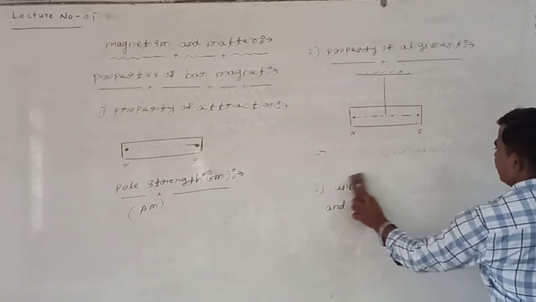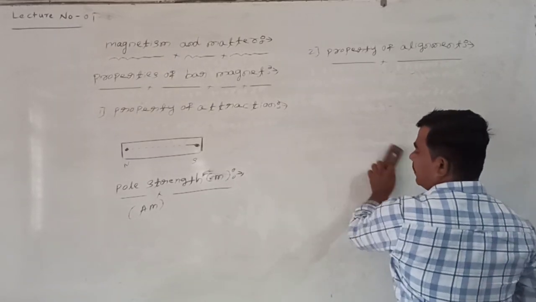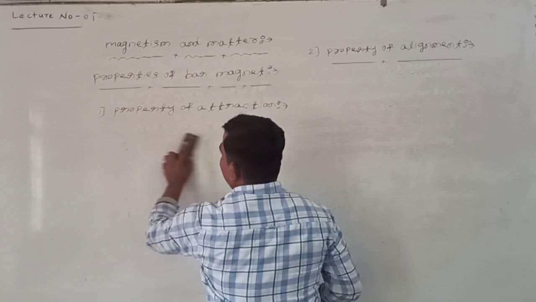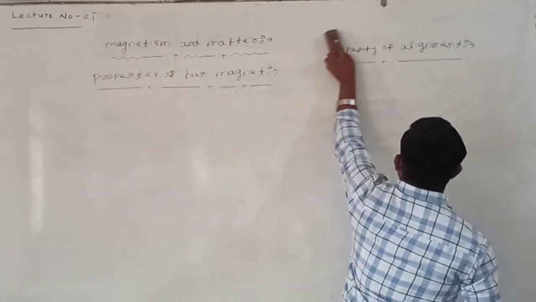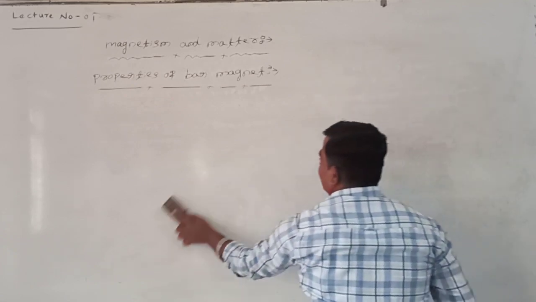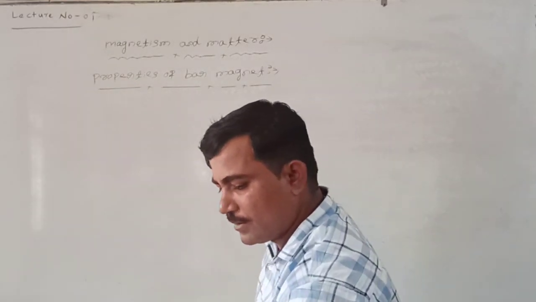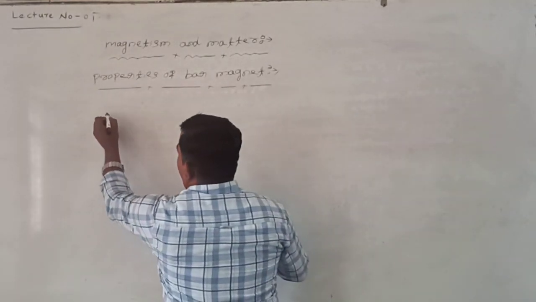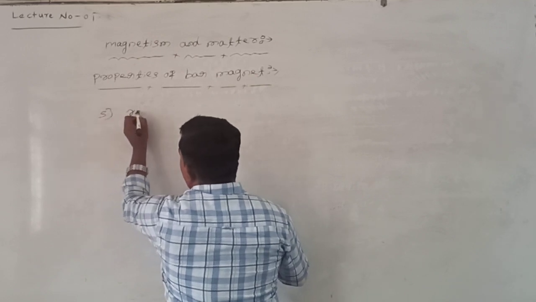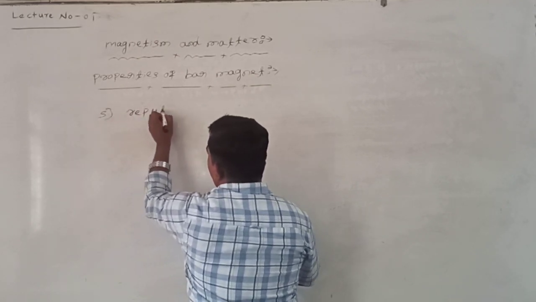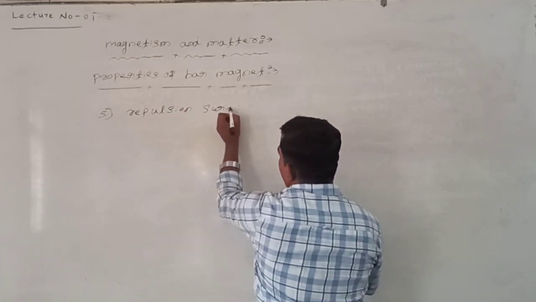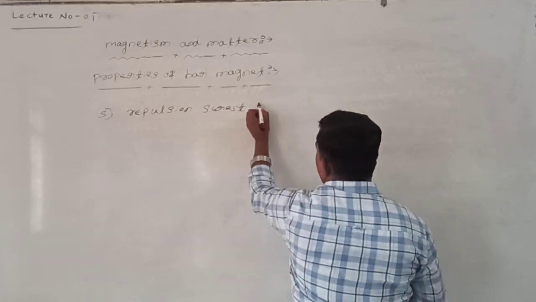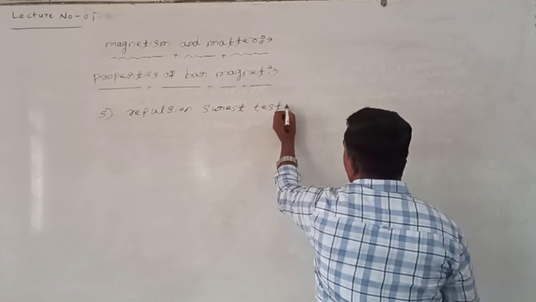Look at me. See here. Fifth property you can call: repulsion is the surest test for magnetism.